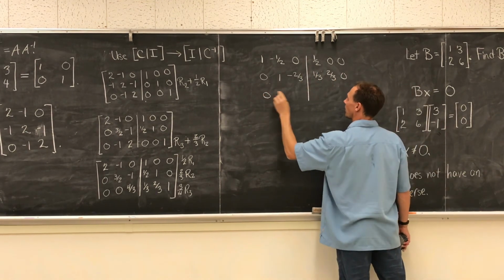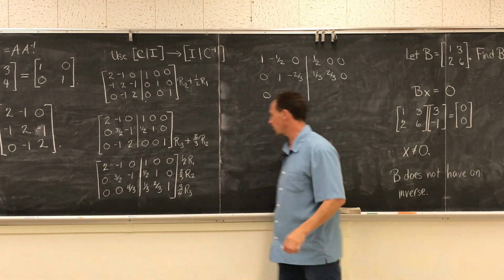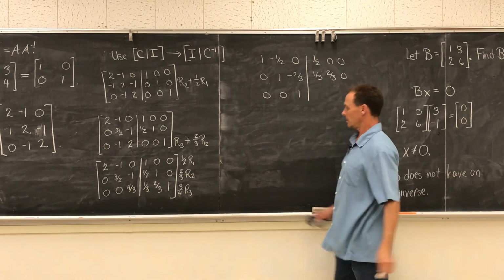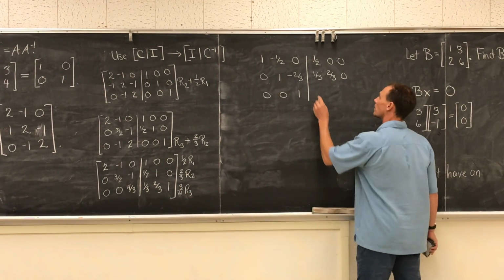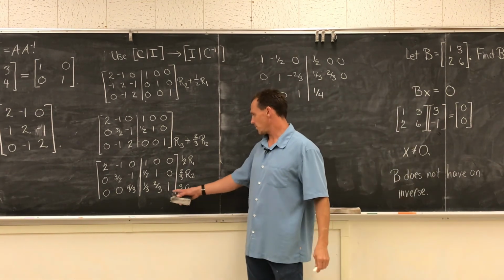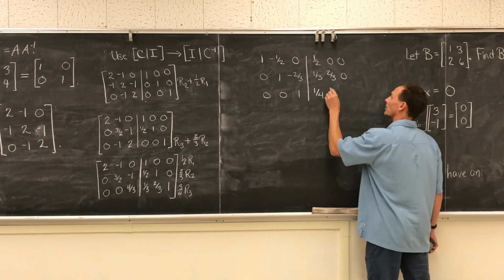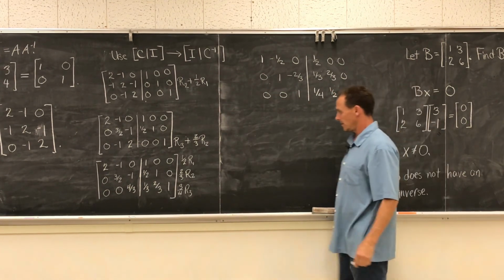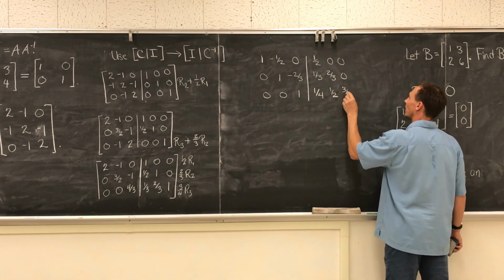Then I'm going to get a 0, a 0, and then 3/4 times 4/3 is 1. 3/4 times 1/3 is 1/4. 3/4 times 2/3 is 2/4, so I'm going to write 1/2, and 3/4.